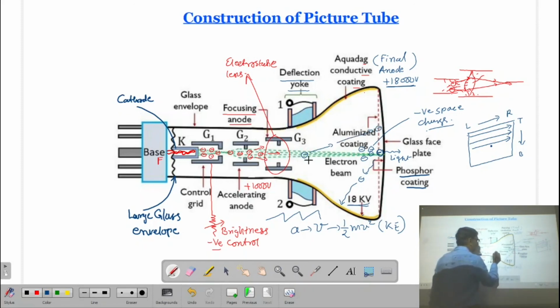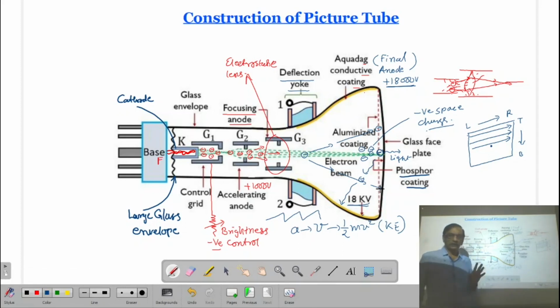Or it can be deflected in this direction and strike the screen here. So to deflect this electron beam from top to bottom as well as from left to right, the deflection yoke is there. The deflection yoke consists of a horizontal deflection coil as well as a vertical deflection coil.